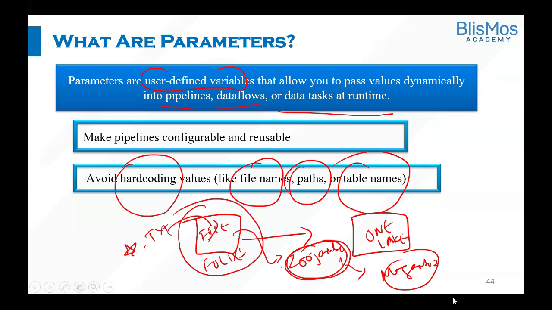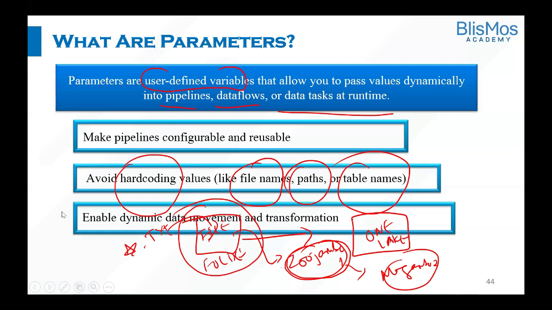Parveen, you guys understood the concept? Actually, it is always recommended to make it dynamic instead of static, right, sir? Absolutely. Hard coding is that only. And also, as Parveen said, it enables the dynamic movement of the data and transformation.